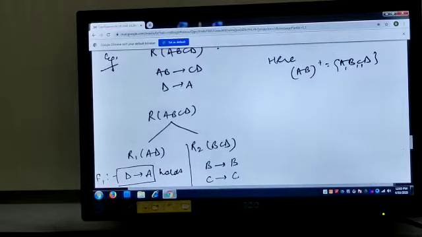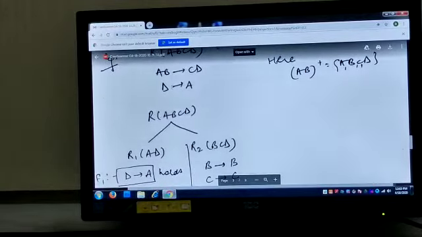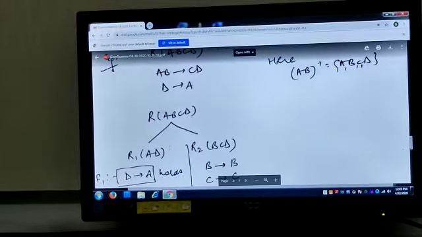Now I have to distribute these two functional dependencies in these two relations. AB to CD, I don't know where to keep this. I cannot keep the AB to CD in R1 because I am not having attribute B and C there.